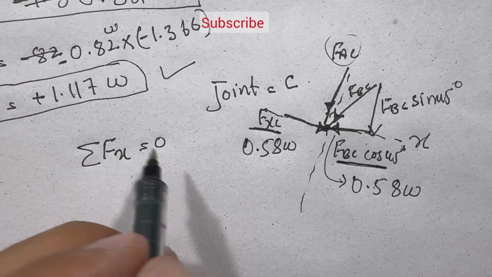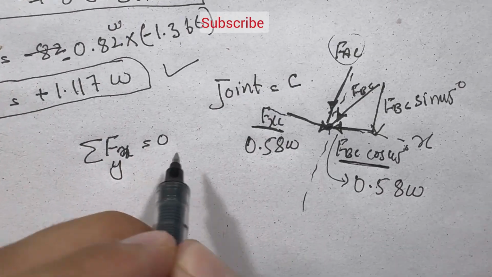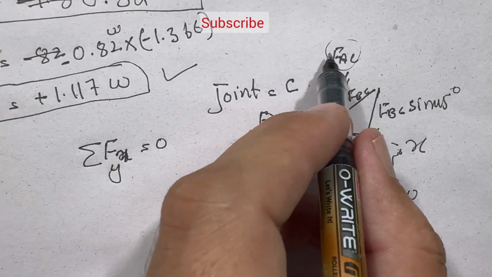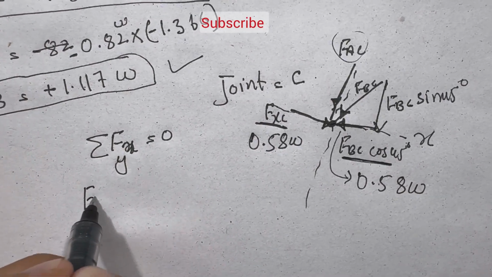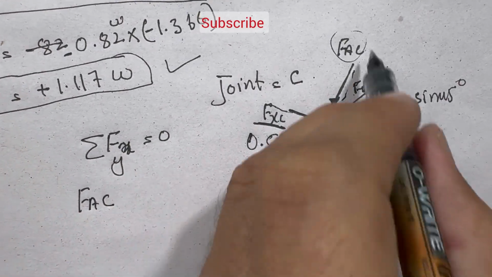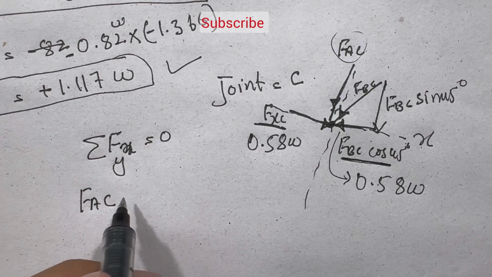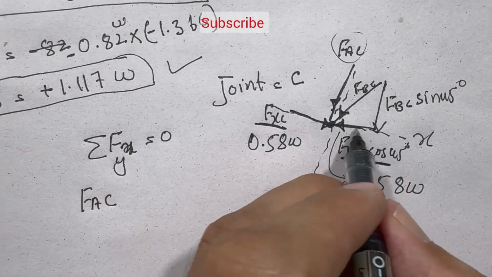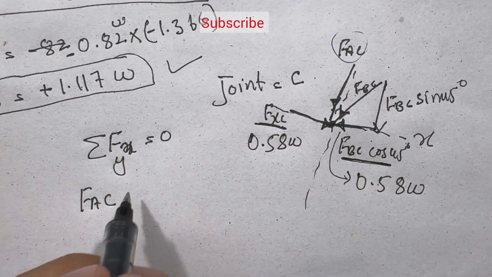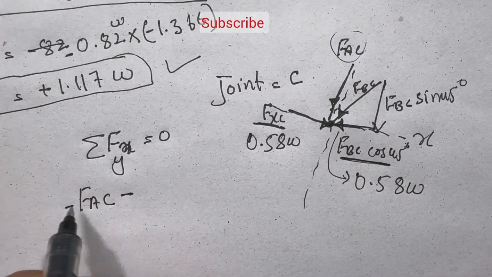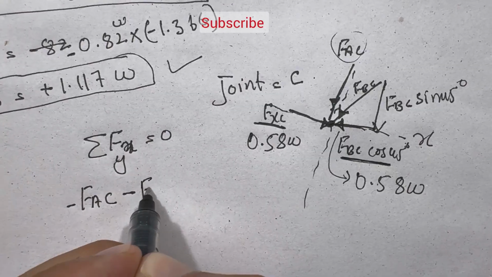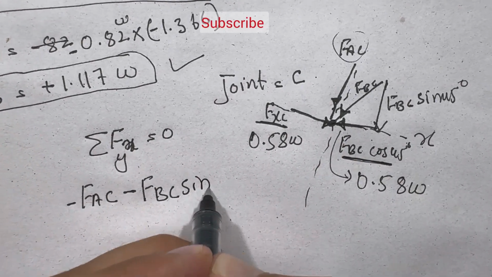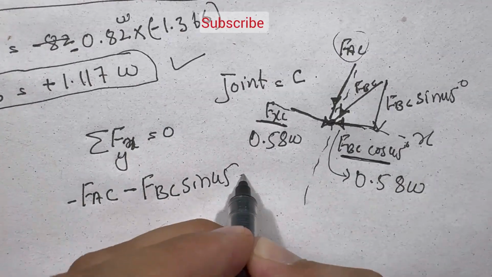If I take the summation of all vertical forces equal to 0, there are two vertical forces: FAC, which is aligned with the axis so it is purely vertical, and the component negative FBC sine 45, equal to 0.